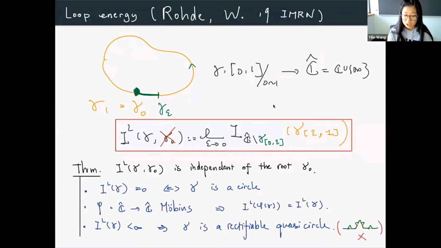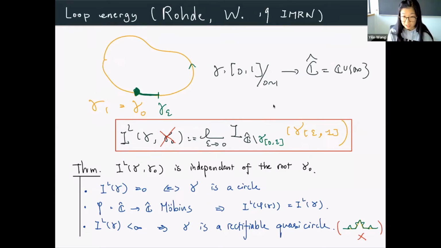And furthermore, we can show that the energy is 0 if and only if gamma is a circle. If you have a Möbius transformation phi, then the Loewner energy of the image has to be the same, because this chordal energy is defined using conformal maps. And we can also show that if the Loewner energy is finite, then gamma is a rectifiable quasicircle.